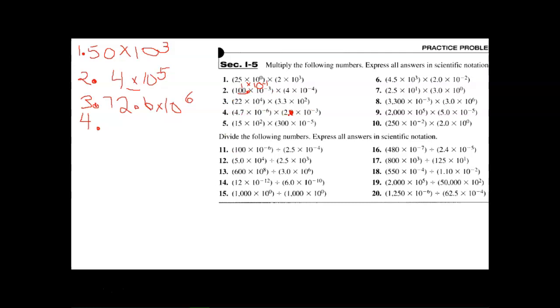So we end up with 4.7 times 2, which I believe is 9.4. We have -6 plus -3, which would give me times 10 to the -9.